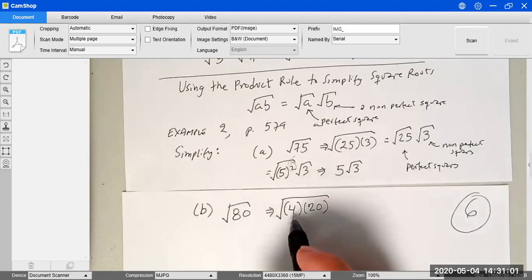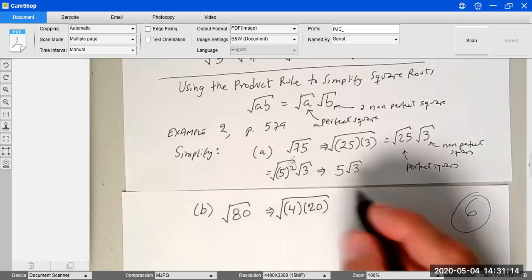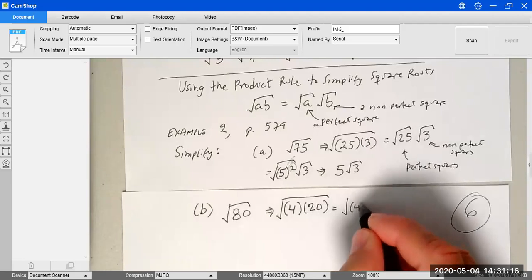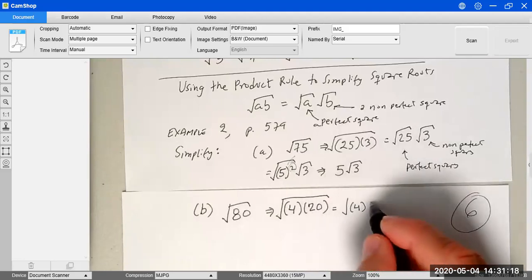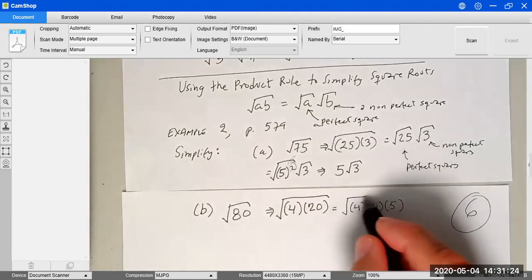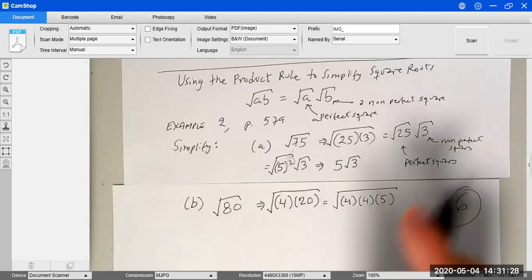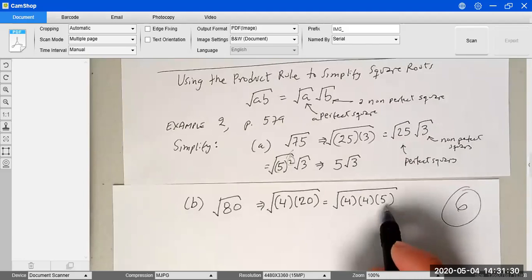So 4 is a perfect square, 20 is not a perfect square, but 20 can still be broken in two parts. So you can write this as 4, the first 4, and then 20 can be written as 4 times 5. So now I have here perfect squares and a non-perfect square.